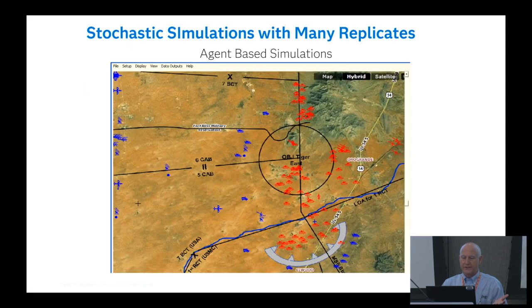So for example, if anybody's ever done any type of red-blue force simulation, if you only run it once, either red or blue wins, and that doesn't tell you a lot. But if you run it 100 times, and red wins 52 and blue 48, well, you're getting some idea who's got the edge.